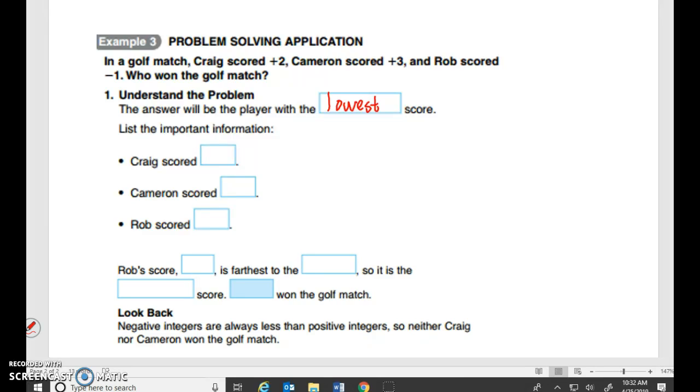List the important information. So let's grab that important information from up above. Craig scored plus 2. Cameron scored plus 3. Rob scored -1. Rob's score, -1, is the farthest to the left. So it is the lowest score. Rob won the match.